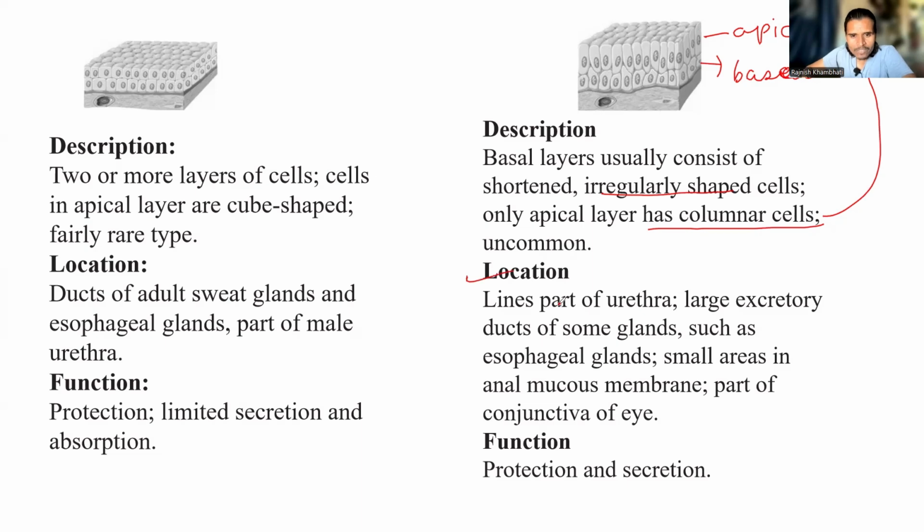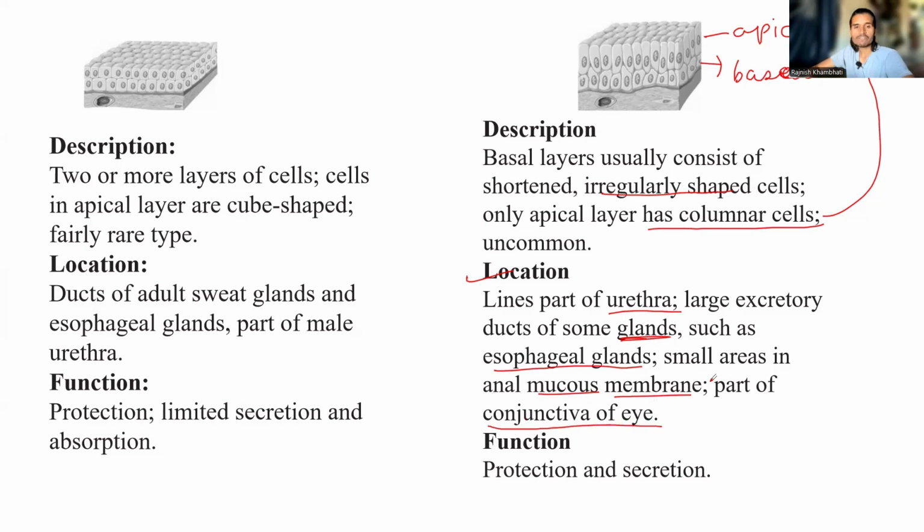Now, location: they line part of the urethra. Lines means cover. Large excretory ducts of some glands, not in any gland, but the glands with ducts, such as esophageal glands. Example is the same, again esophageal glands, small area in mucous membrane and part of conjunctiva of eye.